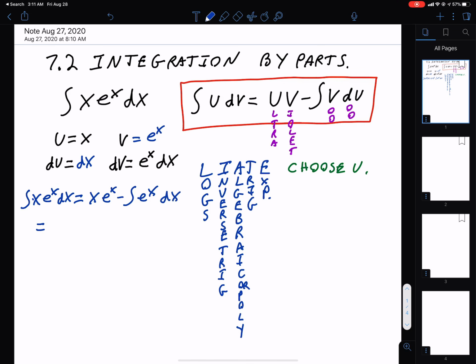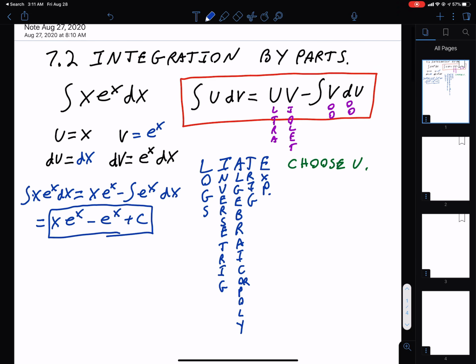So now we have x e to the x minus, and what's the antiderivative of e to the x? That's e to the x. So, bam! I have found the antiderivative using integration by parts. That is my final answer. All right? So I'm going to put one up here for you.